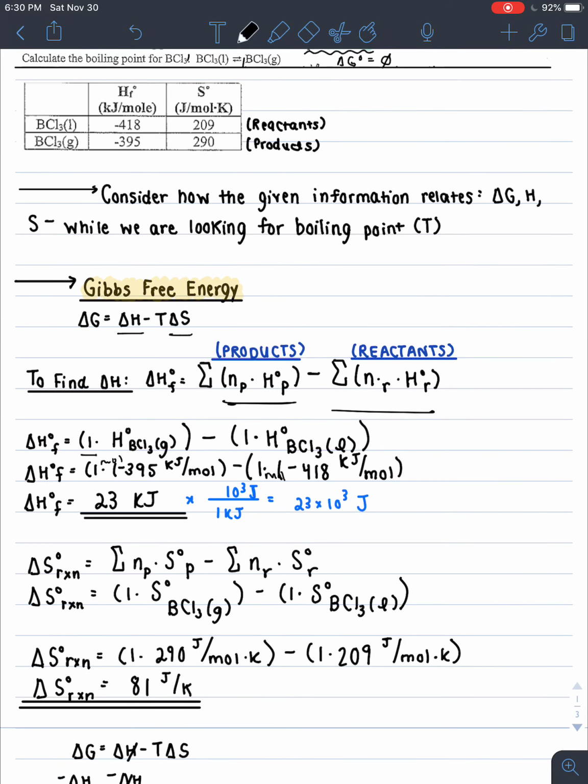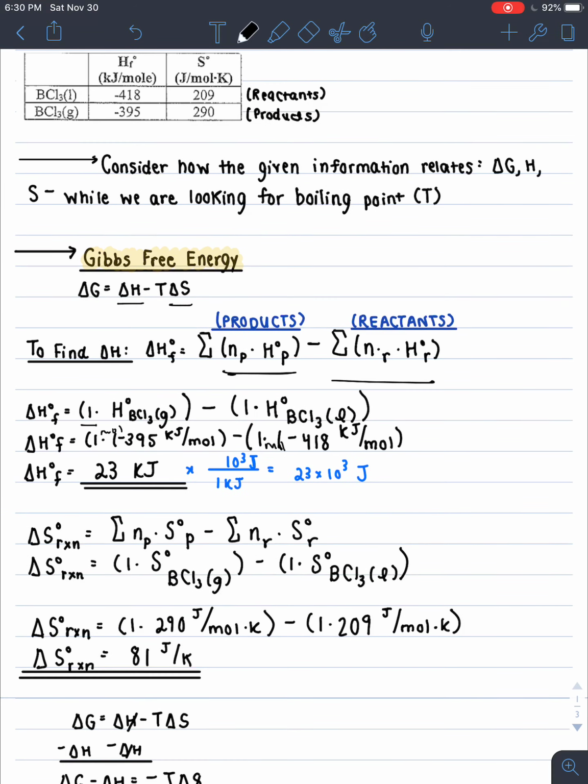Now let's repeat the same thing to find our delta S, our change in entropy, which is the same formula: the sum of moles of product times entropy of products minus the sum of moles of reactants times entropy of reactants.